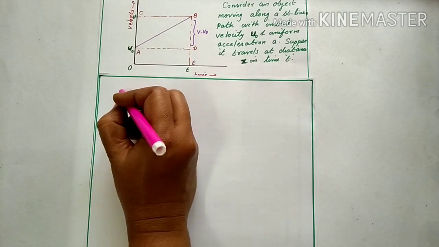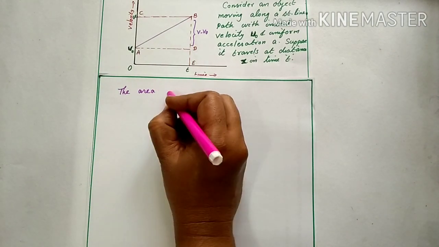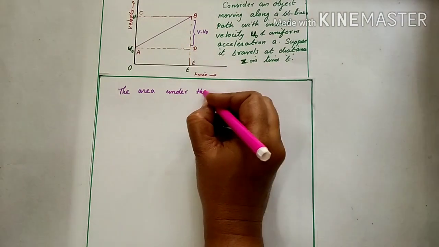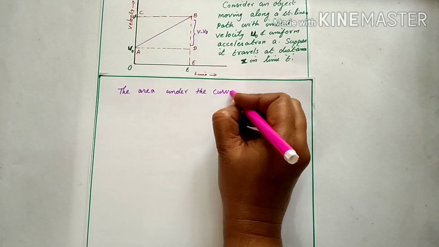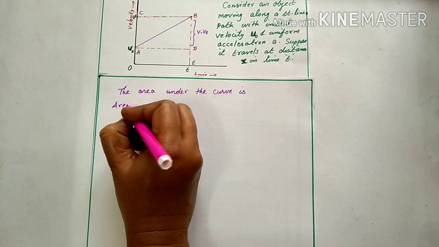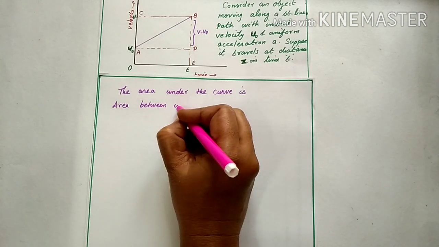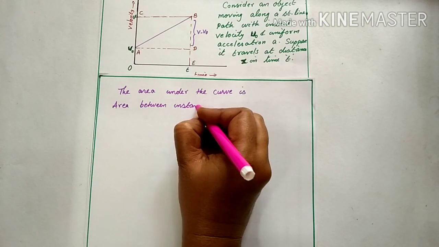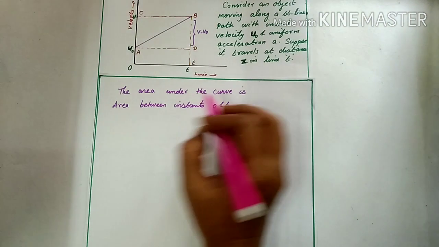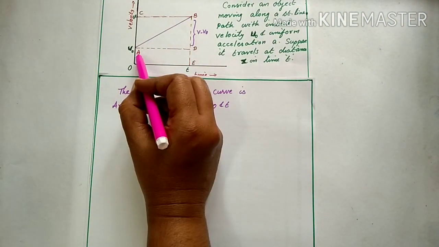So we can write the area under the curve is the area between instants, that is time 0 and t.